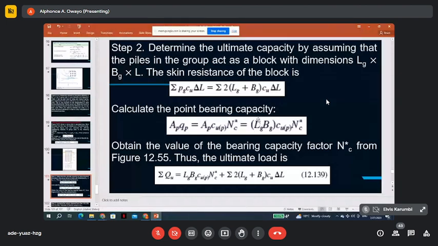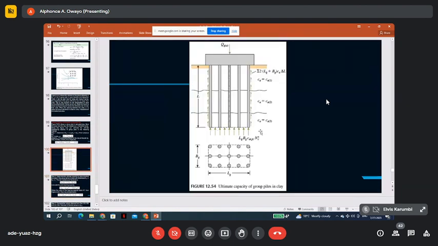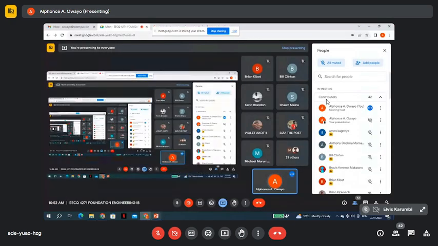So the area now would be Lg times Bg and Cu. But here now you have to use the bearing of the foundation soil, or the soil at the point or at the tip of the pile.